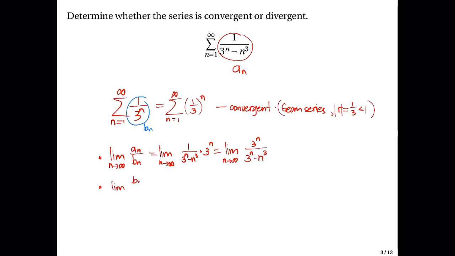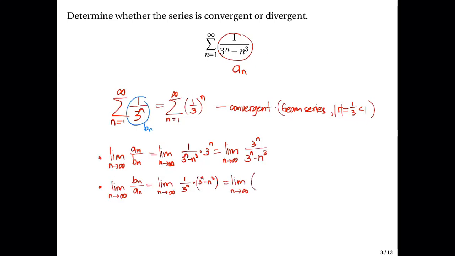So instead, i-compute ko yung limit ng bn over an as n approaches infinity. And if you do this, of course, yung bn nyo mapupunta yan sa numerator, which means yung bn is just 1 over 3 to the n. Tapos, nasa denominator si an, so kukunin mo yung reciprocal nito. So you multiply this by the reciprocal of 1 over 3 to the n minus n cubed, but that's just 3 to the n minus n cubed. And notice, mas madali itong i-simplify at kuhaan ng limit.